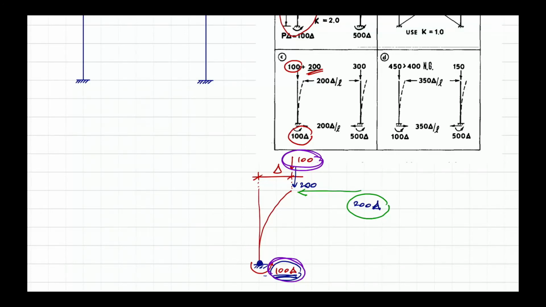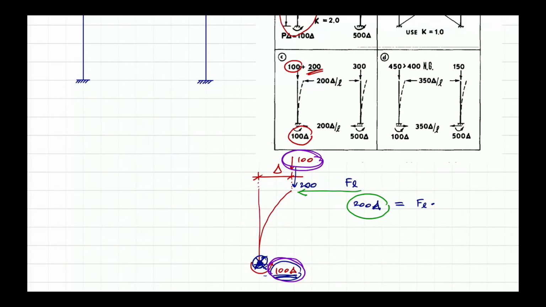If we take moment about the base point, you have 200 multiplied by delta. That's going to be equal to, what should be the name of this one? F subscript L, which means lateral force. So F_L should be multiplied by what?